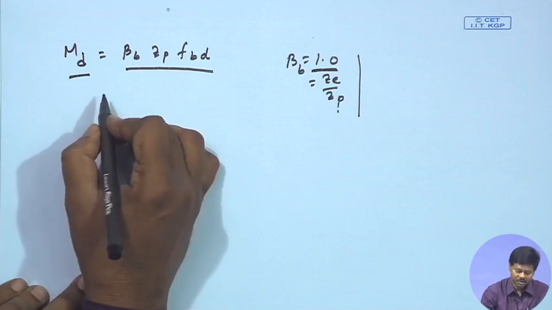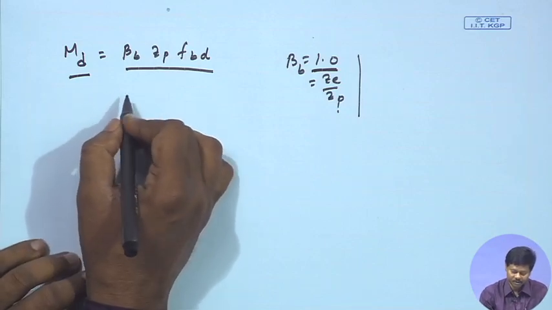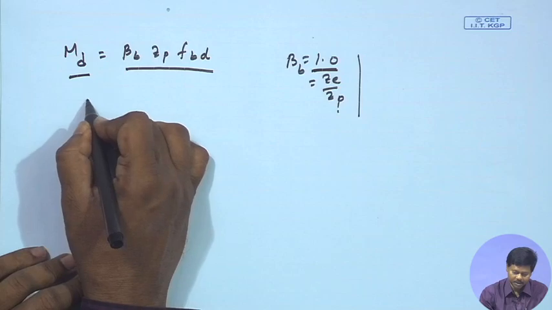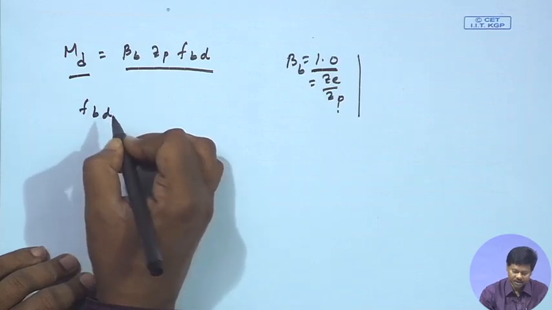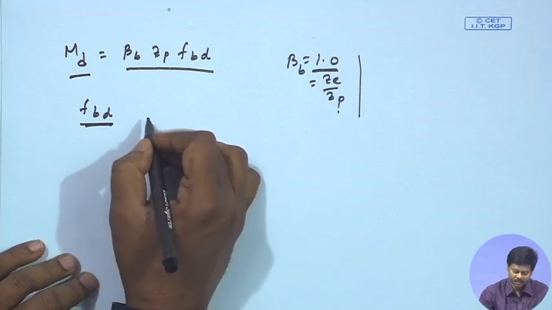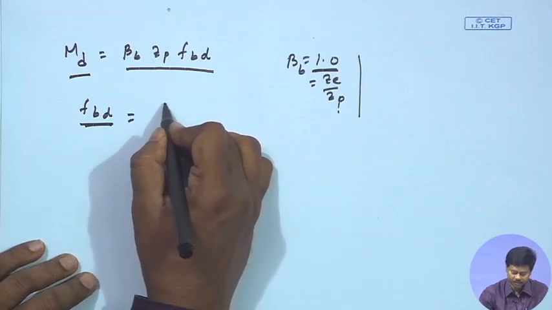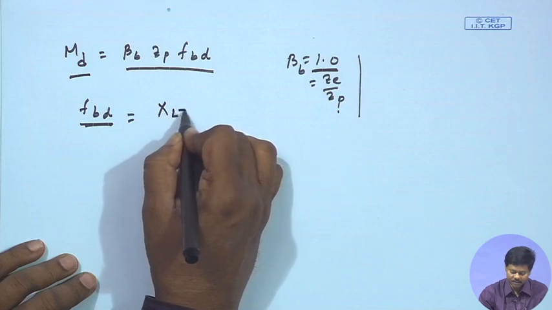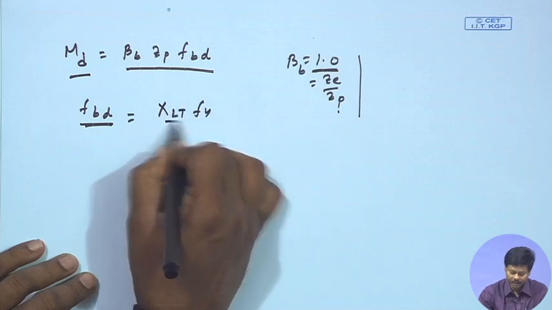And this ZP is basically the plastic section modulus of the cross section, and FBD is the design bending compressive stress. So, design bending compressive stress FBD we can find out from this formula, XLT into Fy by gamma m0.